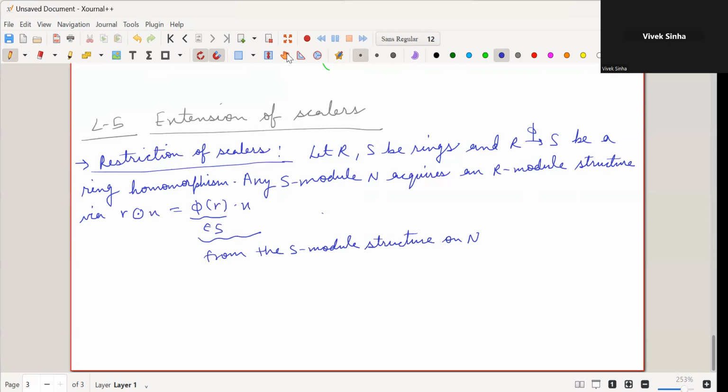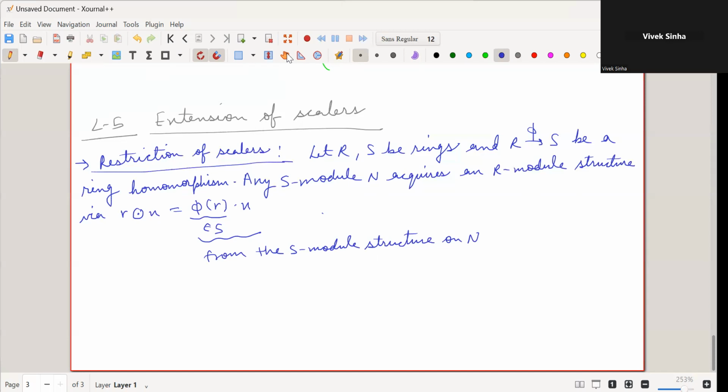So you have a module structure coming from the bigger set S, and then you define a module structure for the smaller set, that is R. That is why it's called a restriction of scalars, because you can restrict your scalars to a subset of S using this natural idea.